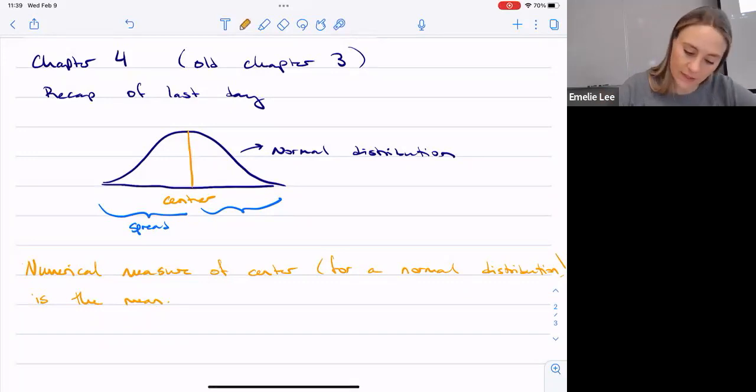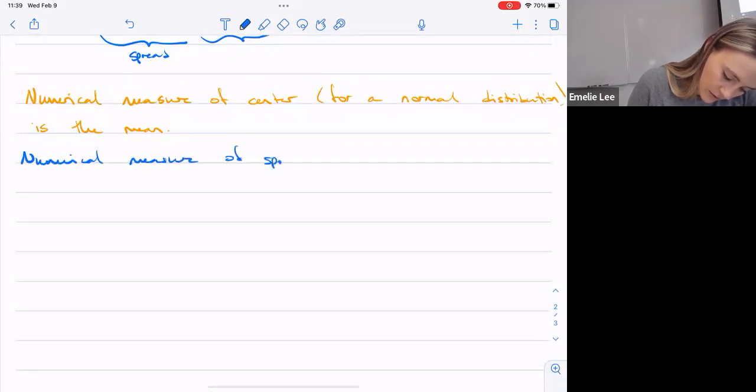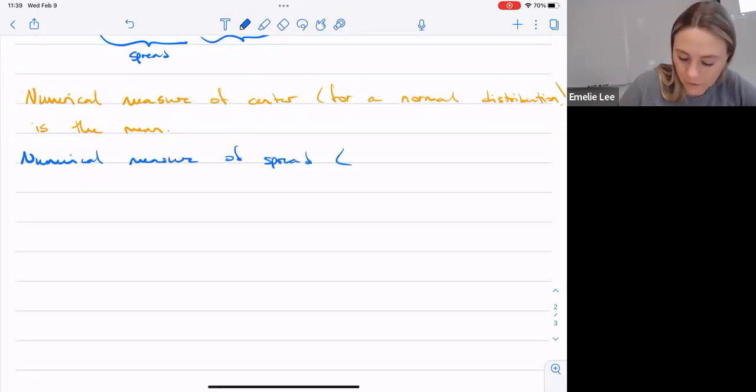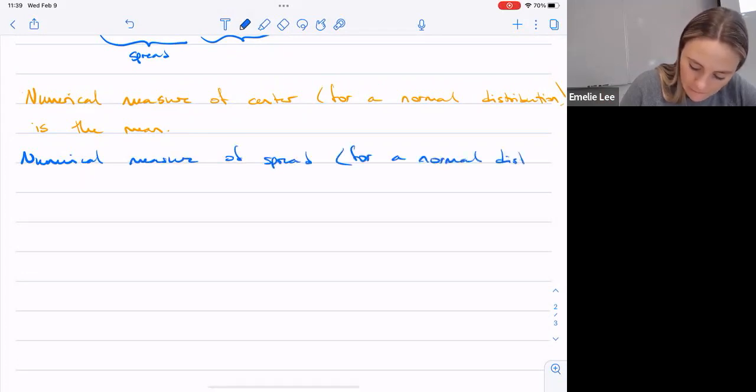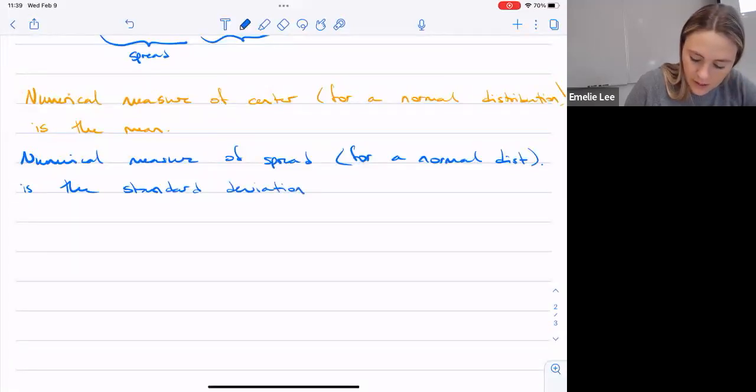And then we can talk about the spread, the numerical measure of spread for a normal distribution is the standard deviation or the variance.